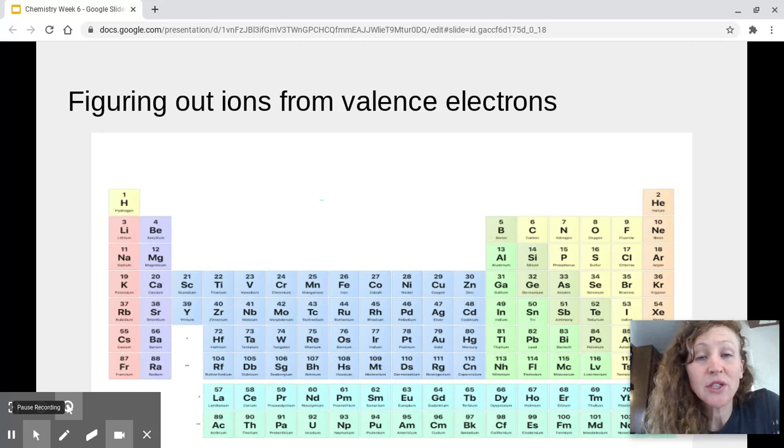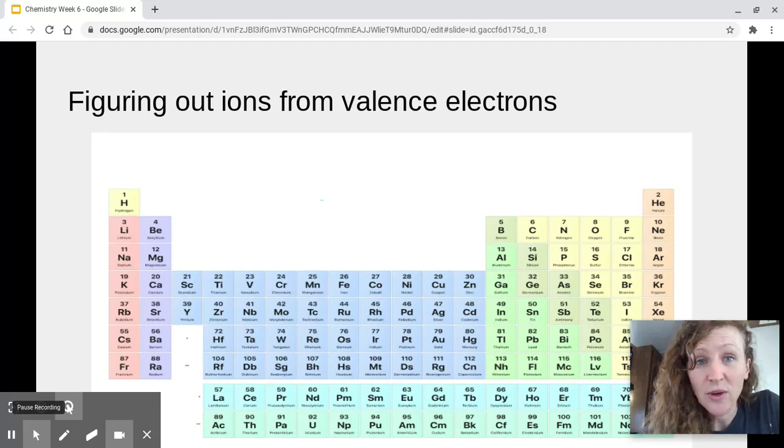You can simply use the periodic table as a tool and figure out the charge for probably more than half of those elements. It just saves you a lot of work, a lot of mind space, a lot of trouble if you can use the periodic table to help you figure out ion charges.